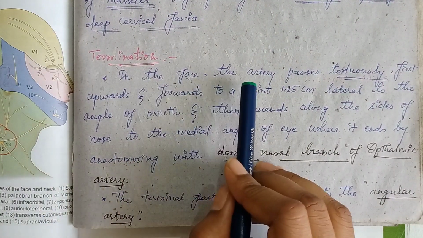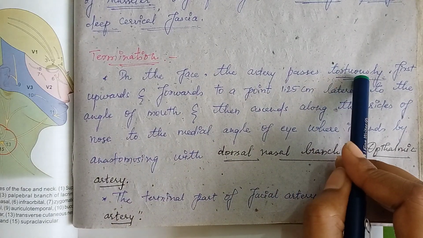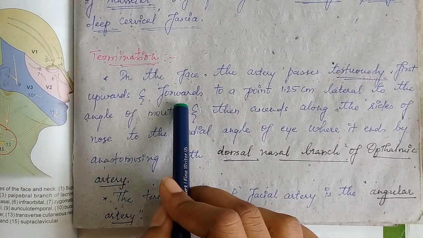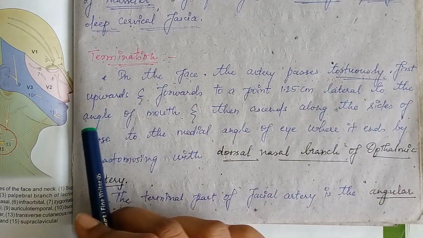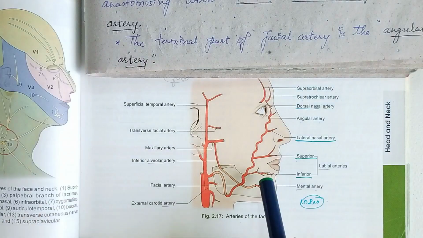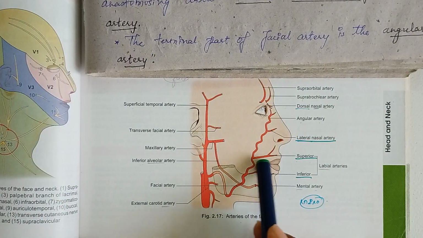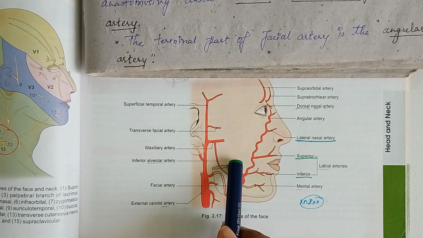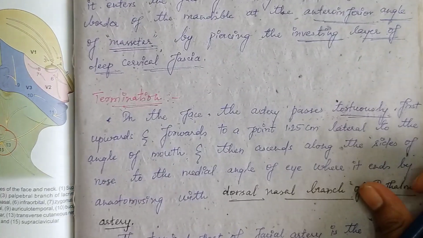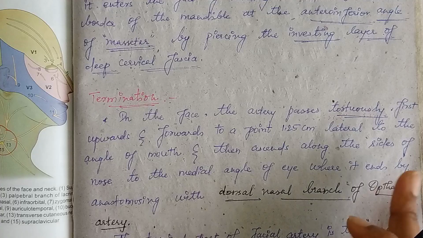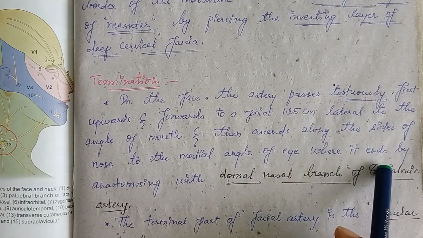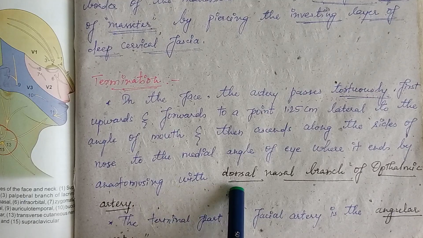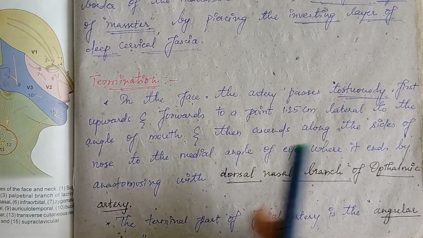In the face, the artery passes tortuously, first upwards and forwards to a point 1.25 cm lateral to the angle of the mouth. This is the angle of the mouth, and 1.25 cm lateral to it. Then it ascends along the sides of the nose to the medial angle of the eye, where it ends by anastomosing with the dorsal nasal branch of the ophthalmic artery.